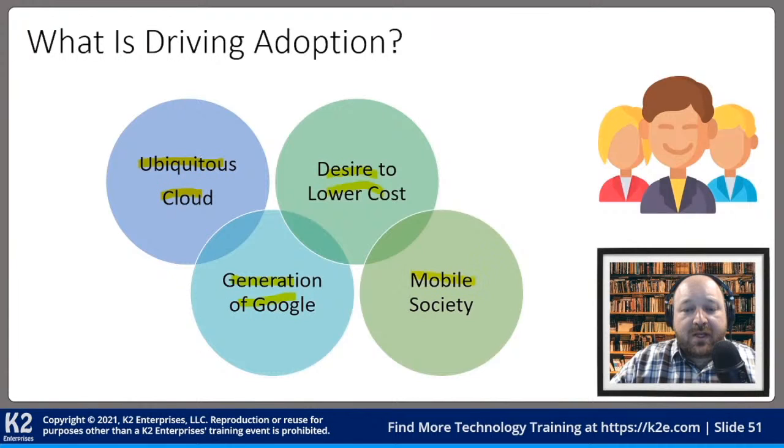And this has also led to a mobile society where we're all expecting to be able to operate anywhere, anytime, for any reason, with any device, which puts a lot of stress on trying to make all this work. There's a lot of work that goes into miniaturizing the different services to fit on this mobile device that I've got here. It's not as simple as just shrinking the screen.